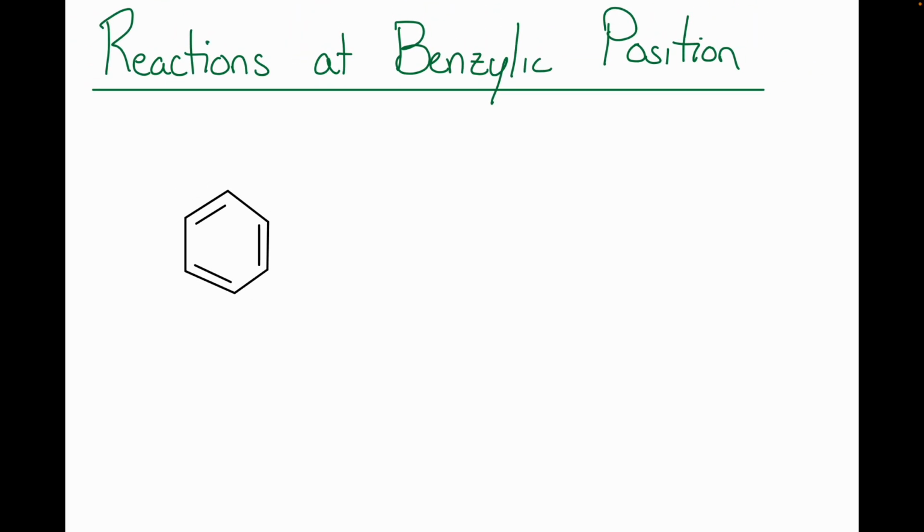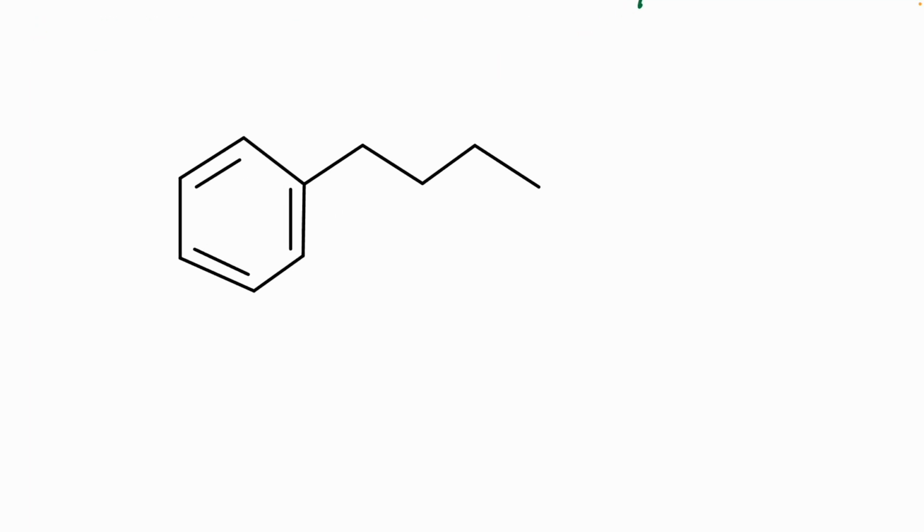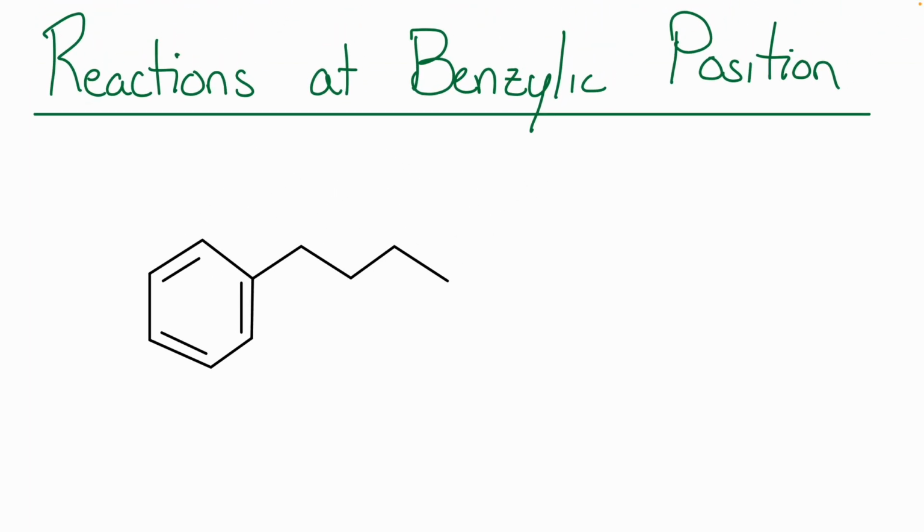All right, so first of all, benzylic position, kind of analogous to the allylic position when you were talking about alkenes, but the benzylic position is the carbon one removed from that benzene ring.